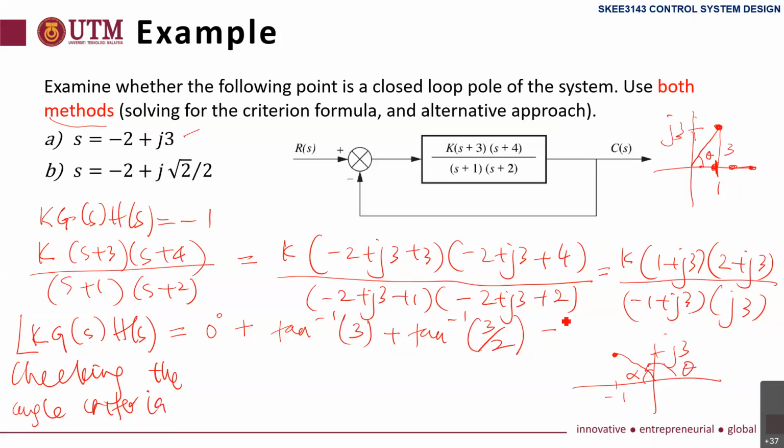So I get 180 degrees minus alpha, that is 180 degrees minus tangent inverse 3, minus the angle of j3. j3 on the y-axis is 90 degrees.